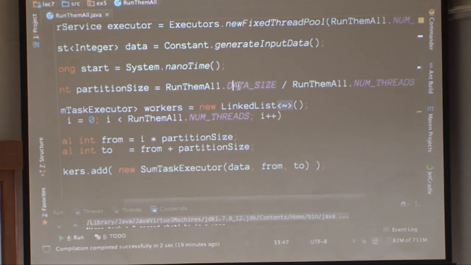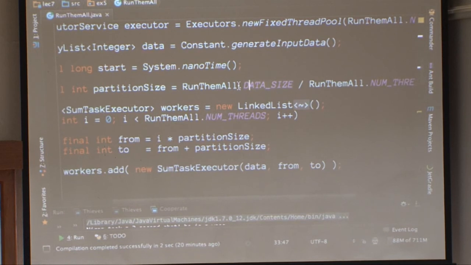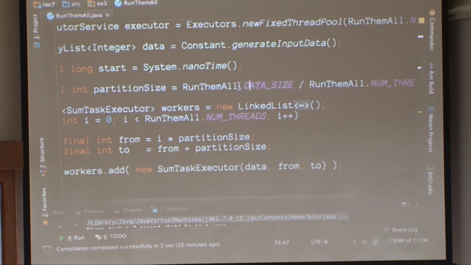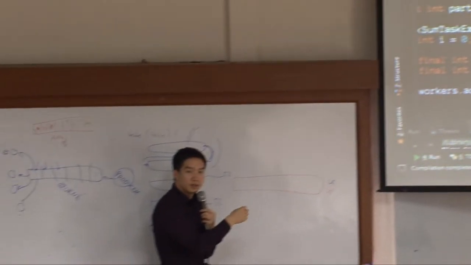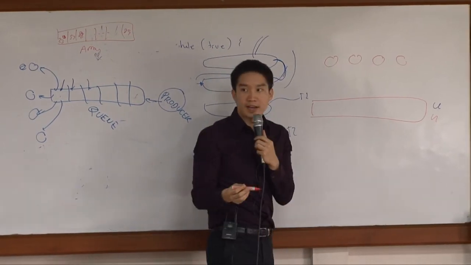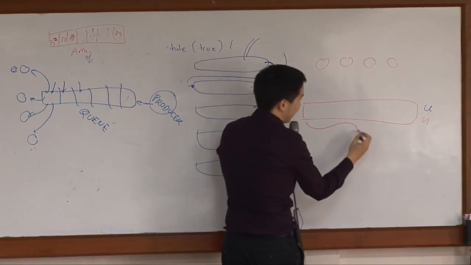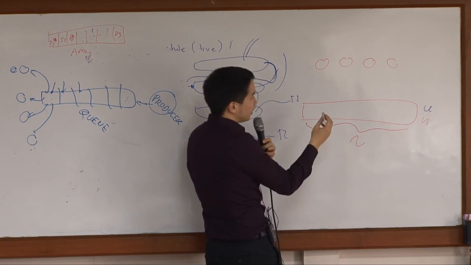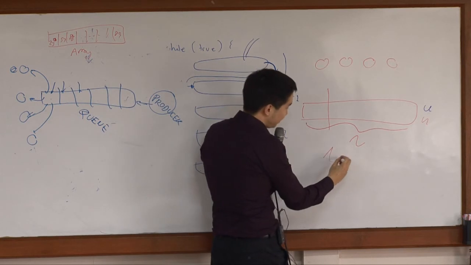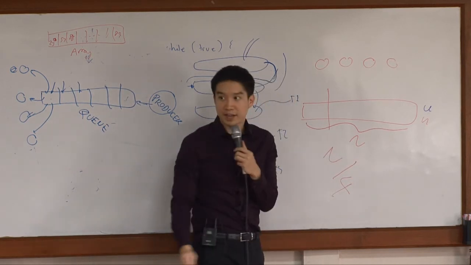Just real quickly, if this is the integer array of size n, and you know that you have 4 threads, to figure out the even partition, you would simply do n divided by 4, the number of threads.